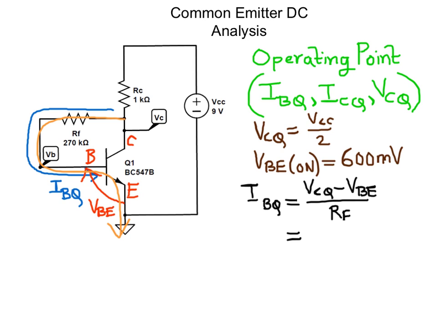This gives us: VCQ is VCC over 2, so that is 4.5 volt, minus VBE, which is 600 millivolts, divided by RF, which is 270 kilo ohms.